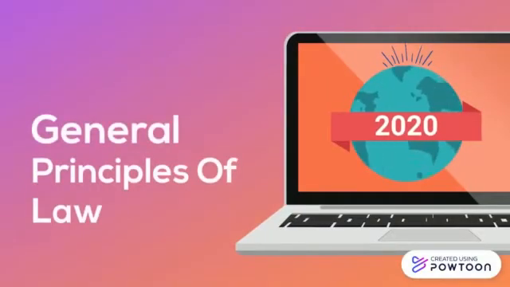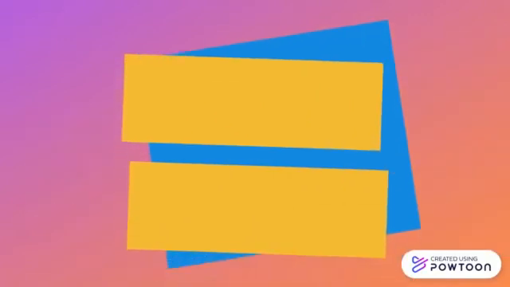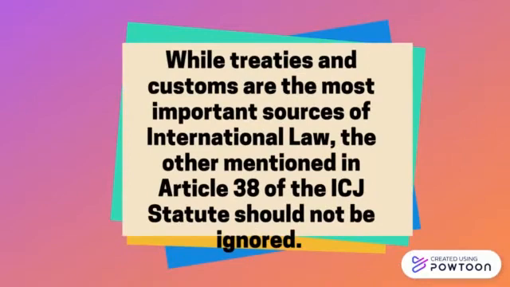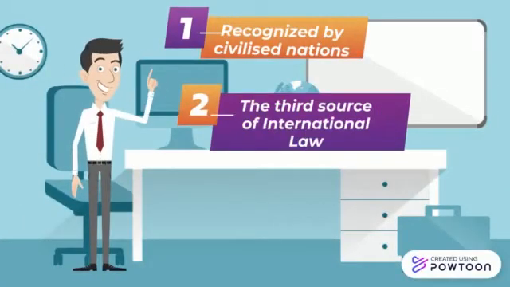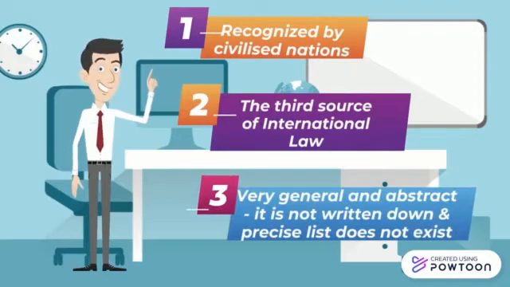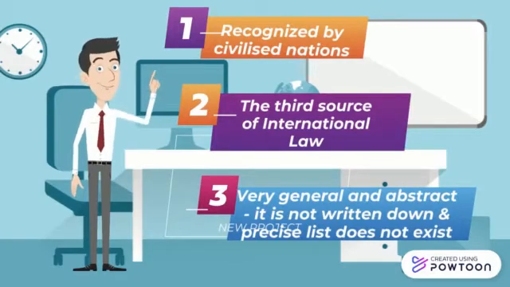Next, we will move to the general principles of law. While treaties and custom are the most important sources of international law, the others mentioned in Article 38 of the International Court of Justice Statute should not be ignored. General principles of law recognized by civilized nations were considered as the third source of international law. General principles of law are basic rules where the content is very general and abstract.